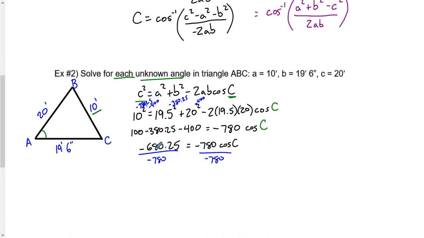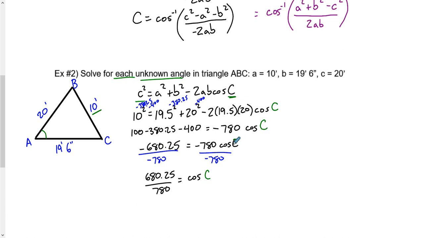I know that this is going to come out to an ugly decimal, so I'm going to leave it as it is. Besides the fact that a negative and a negative is positive, I'm going to leave it as a positive 680.25 divided by 780. That's going to equal the cosine of our C.